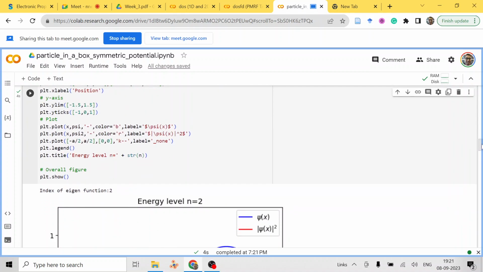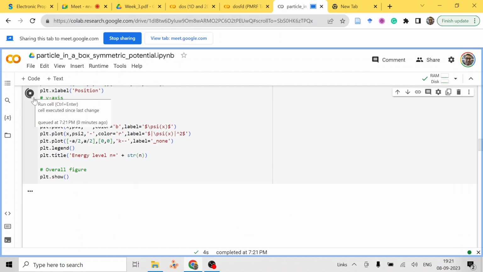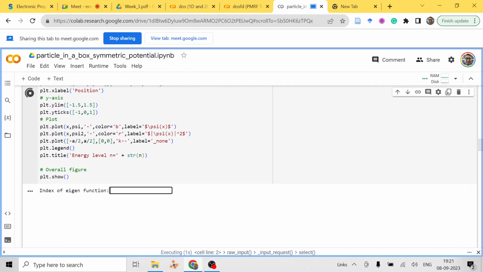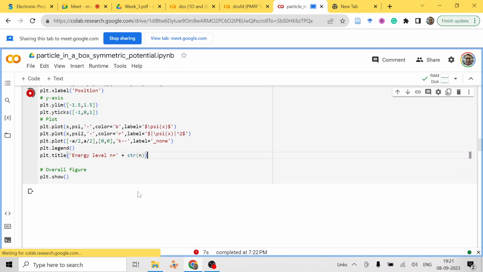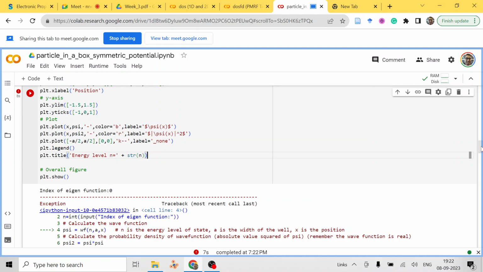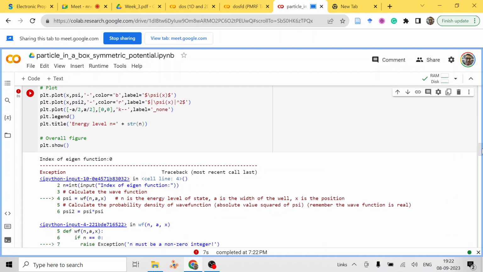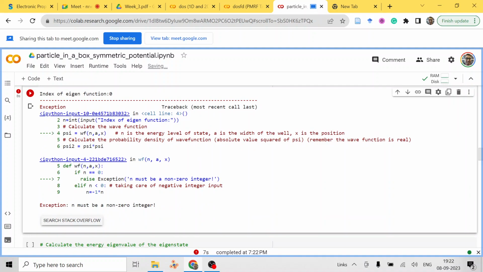Alright, let me just show you what happens if the input is 0. If you remember, in our wave function command we have given that if the input is 0, then it will raise an exception, because we could not use that as a reference, so it has stopped the code. And if you see, it has raised an exception that n must be a non-zero integer.